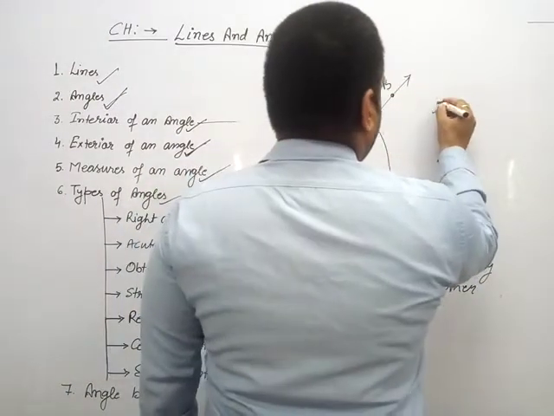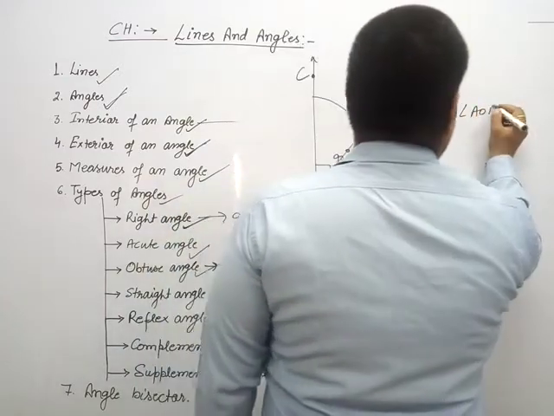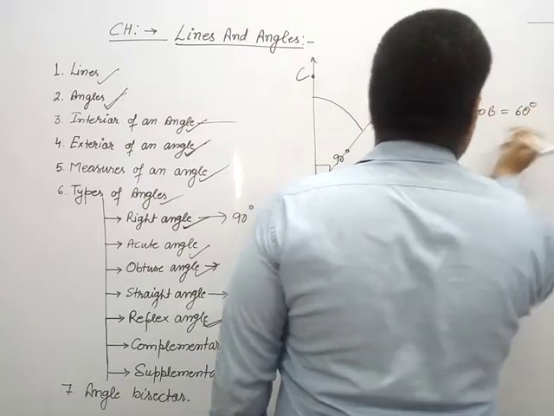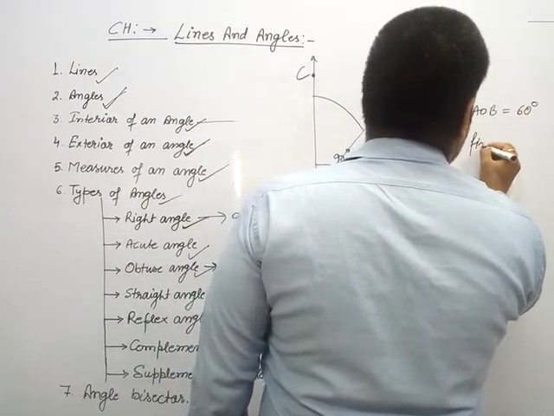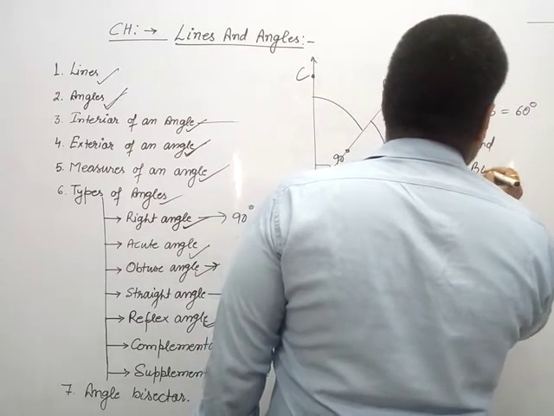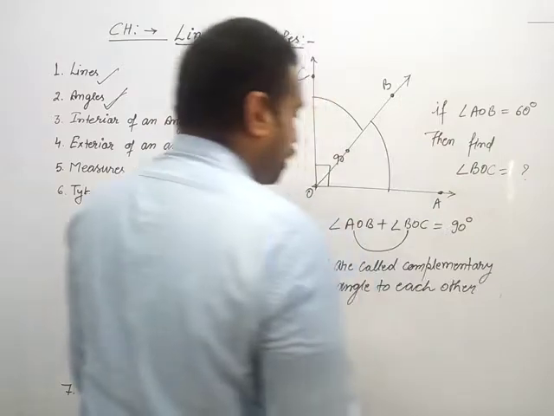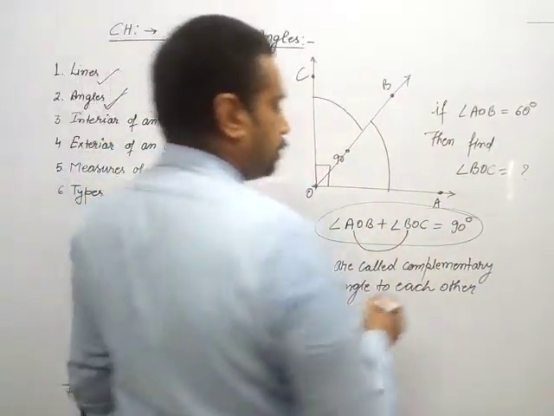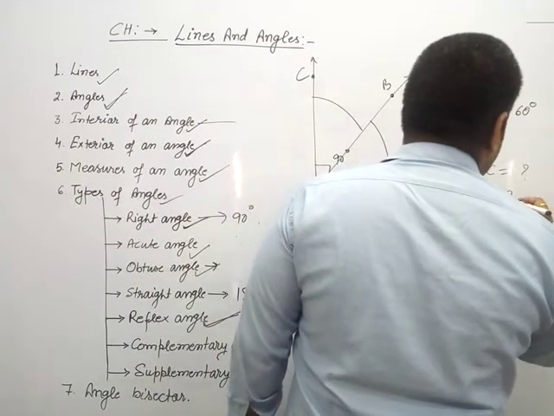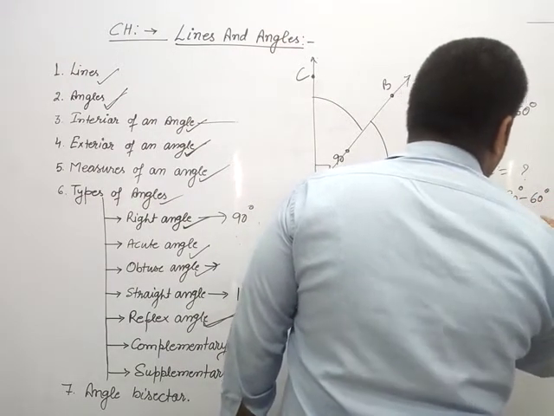Okay, if angle AOB is equal to 60 degrees, then find angle BOC. By using this concept you can find angle BOC. Then BOC is going to be equal to 90 minus 60, and this is going to be 30.